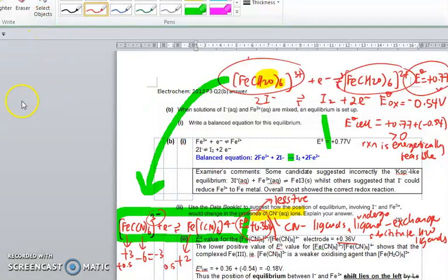It tells us that it is harder to reduce Fe(CN)6 3 minus to Fe(CN)6 4 minus. Still a reduction from plus 3 to plus 2, but now with the ligands being cyanide, it is harder to do so. This ion, Fe(CN)6 3 minus, is less easily reduced, therefore it's a weaker oxidizing agent.